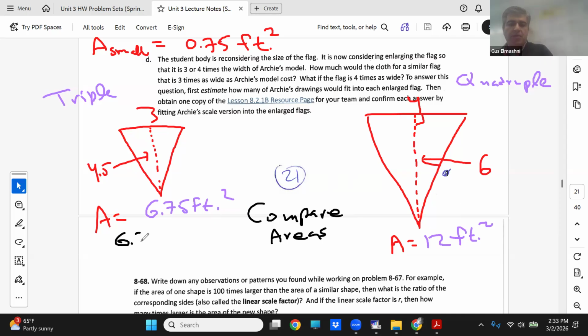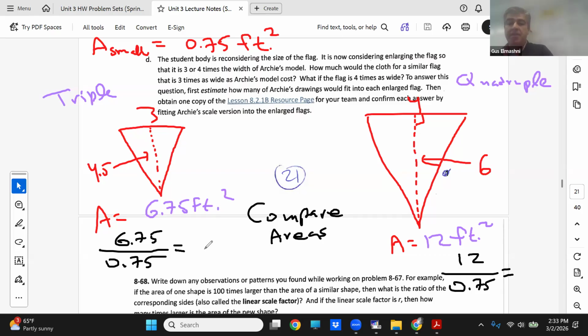So 6.75 divided by 0.75, or 12 divided by 0.75. If anyone has a calculator, oh, actually, Anya, you've got a calculator. If they want to guess, they do come out as nice whole numbers.